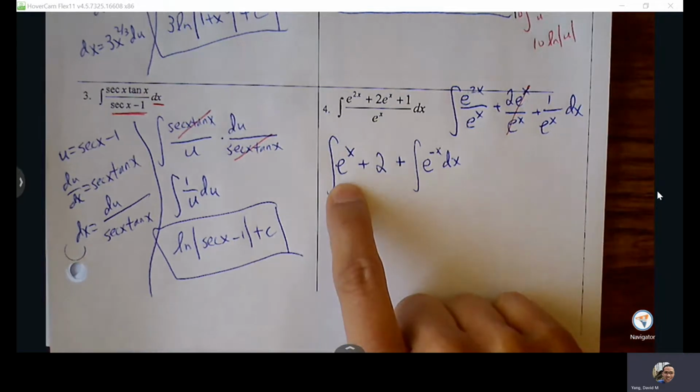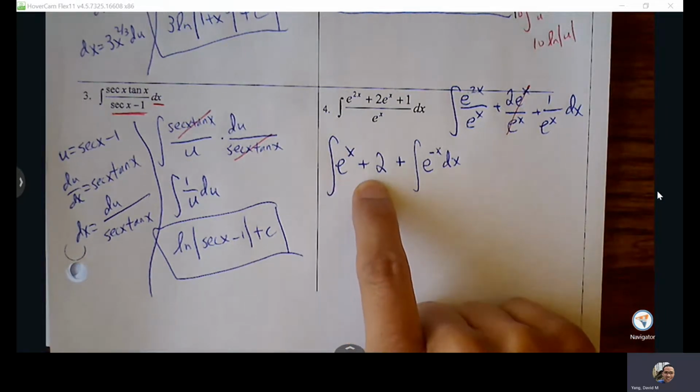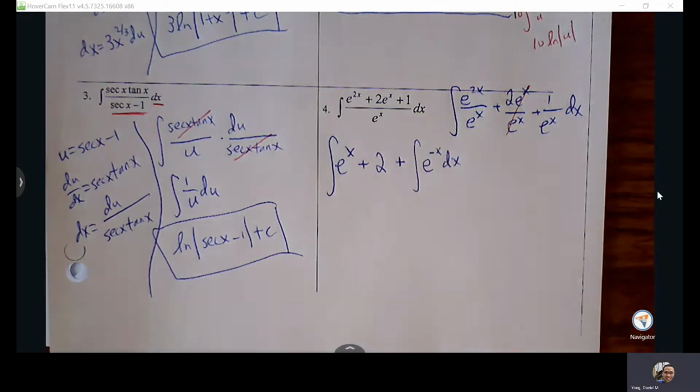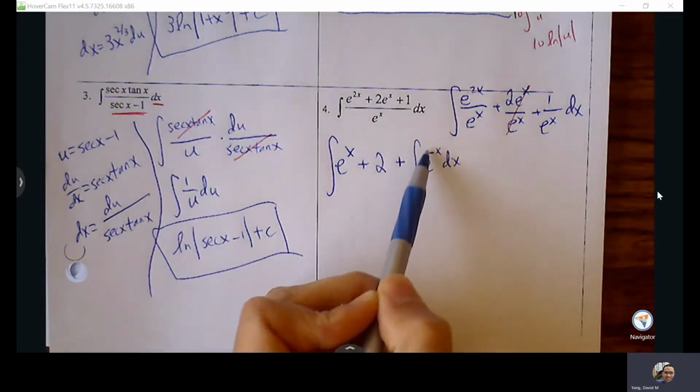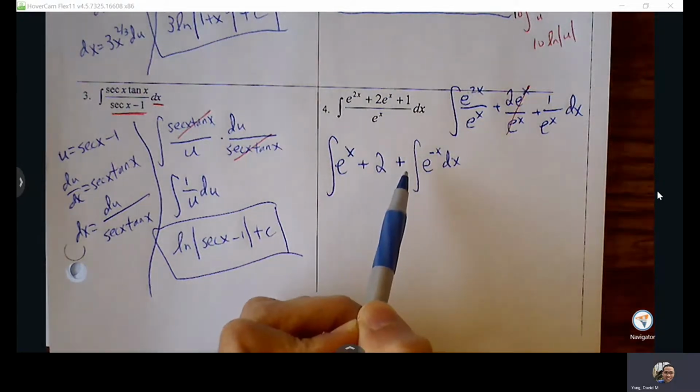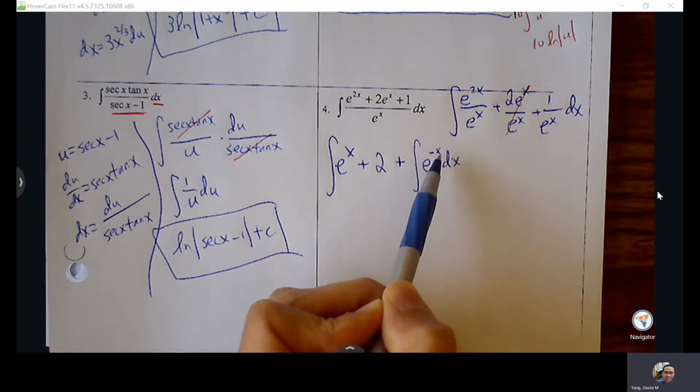So e to the x just becomes e to the x. 2 becomes what? 2x. And this is a little bit of U substitution. E to the negative x remains e to the negative x, but there's a little bit of extra negative 1 in front, right? If I have an easy U value, my leftover is predictable. It's always just going to be the reciprocal of the derivative. So negative x becomes negative 1.